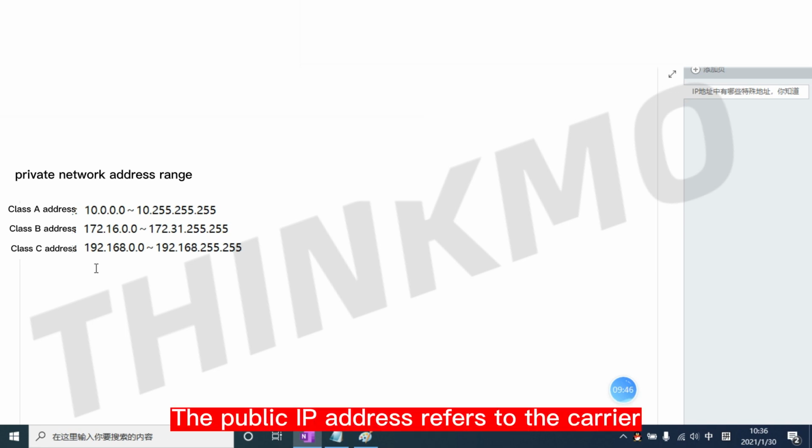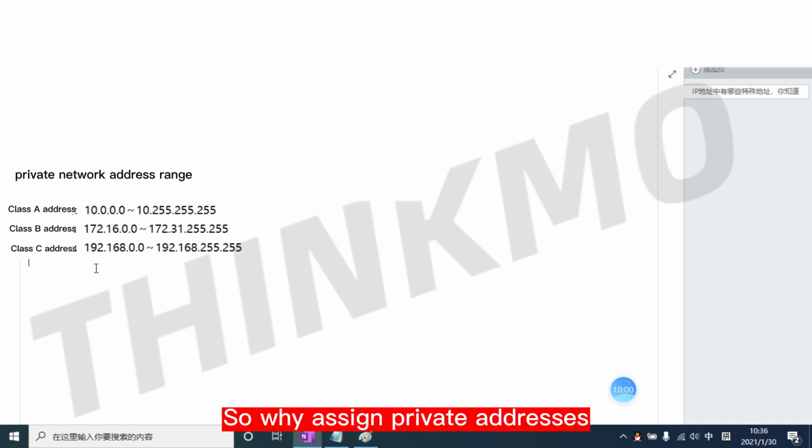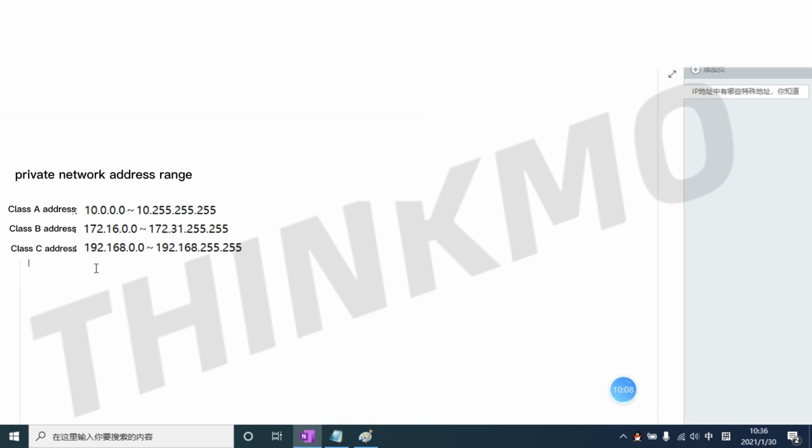The public IP address refers to the address used by the carrier. The private network address is just distributed separately for local use. So why assign private addresses? The IP address of the public network is insufficient, so it extends to the private internet address. It can be reused.